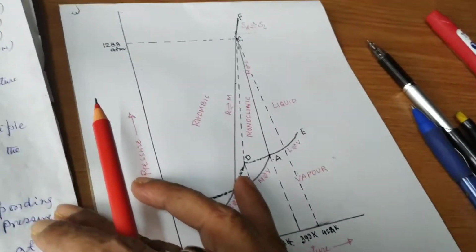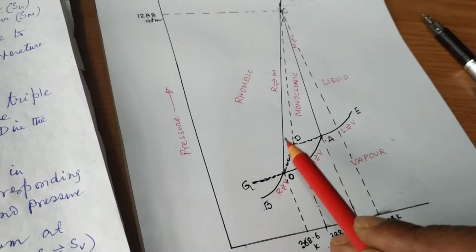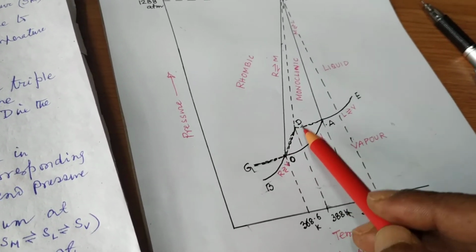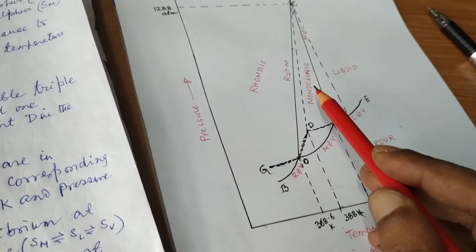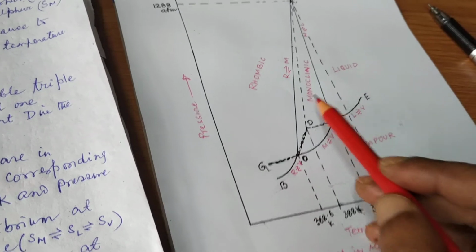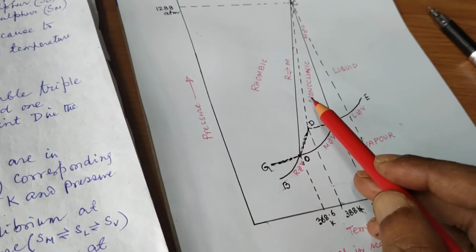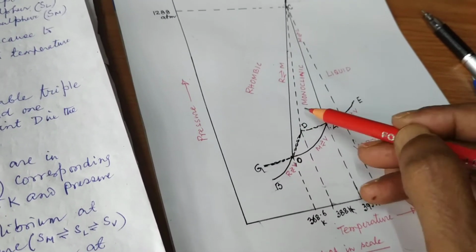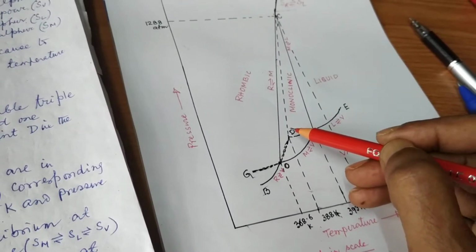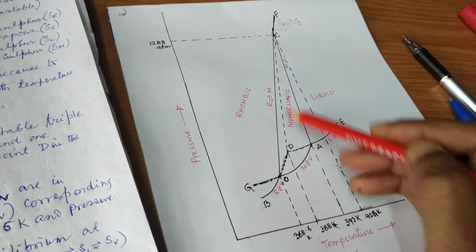But the system must pass directly to the liquid phase. The curve DC therefore represents the effect of pressure on the melting point of SR. It is a metastable state.